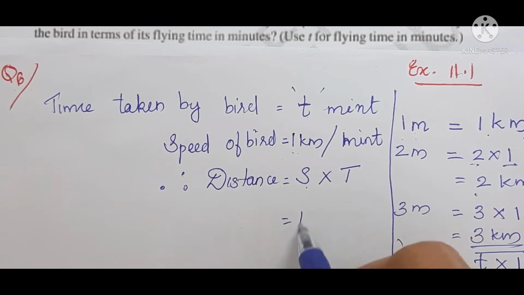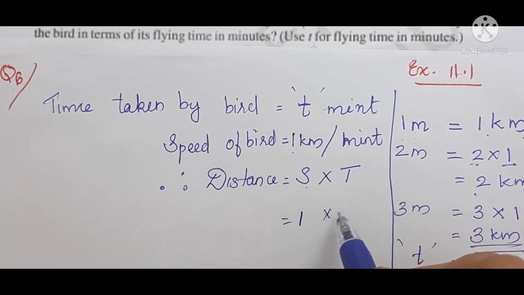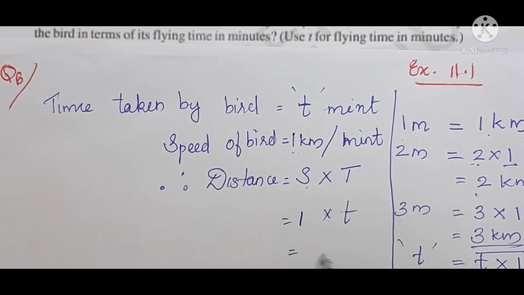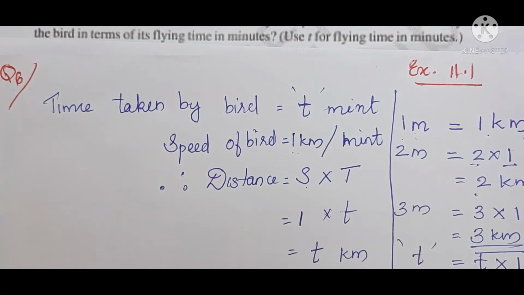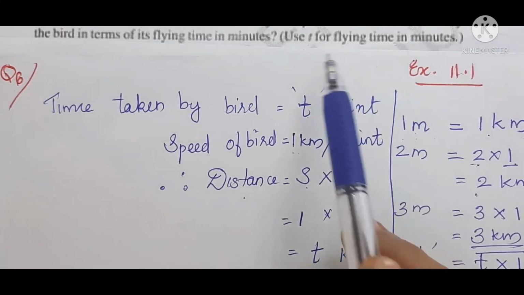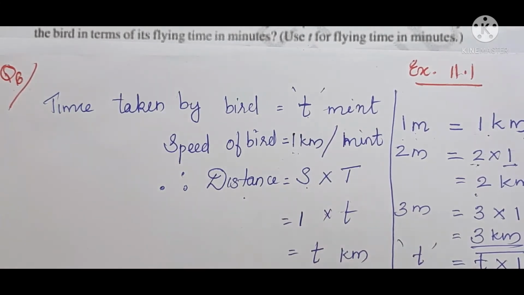So, speed is equal to 1 and the time taken by the bird is T. So, the answer will be T kilometers. Okay. So, the bird travelled the distance in a time T. The distance is T kilometers.